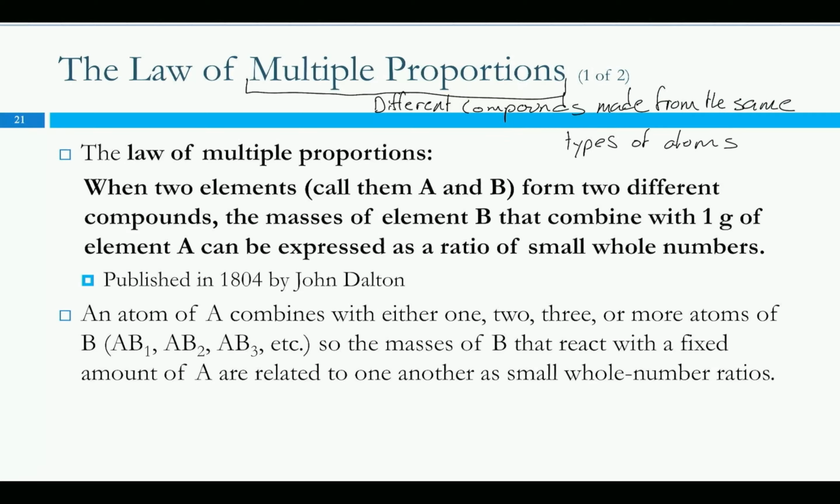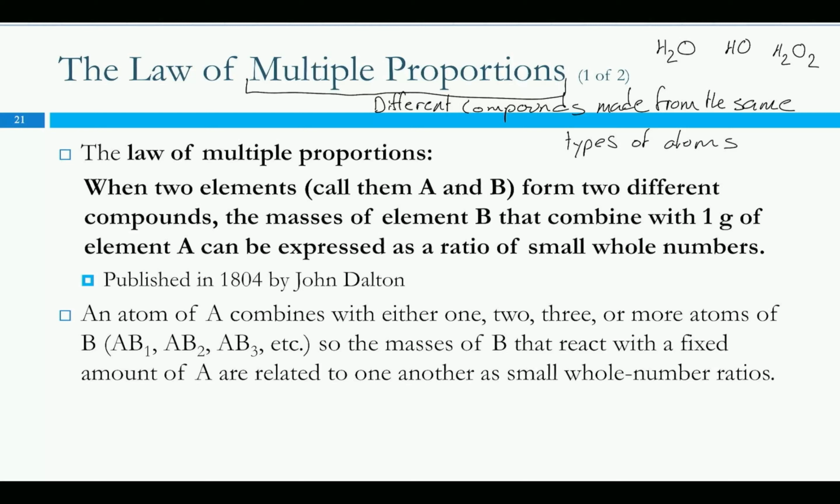For example, earlier, water, H2O, is made up of hydrogen and oxygen. However, that's not the only compound that can be made of hydrogen and oxygen atoms. In this case, there aren't that many that exist in nature, but we could change that ratio. So what if we had, instead of 2 hydrogen atoms and 1 oxygen atom, 1 hydrogen and 1 oxygen, or 2 hydrogens and 2 oxygens.